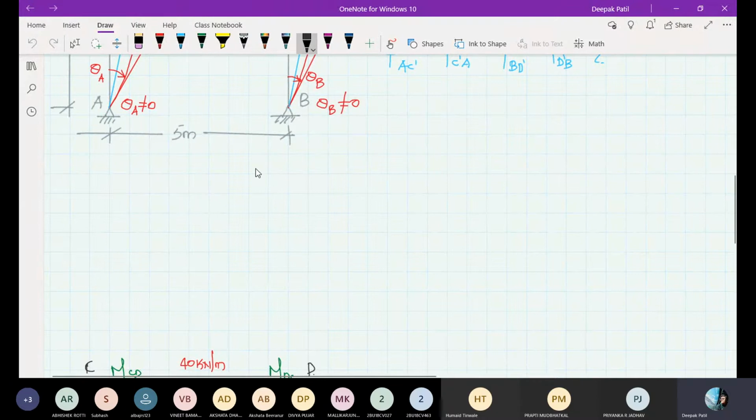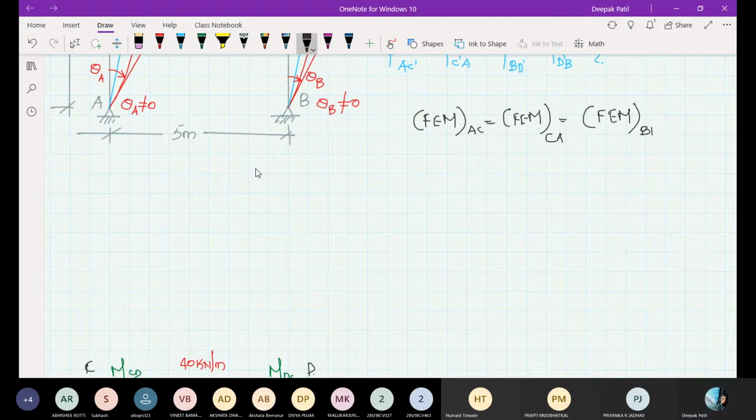Let me first write the fixed end moments which are 0. Fixed end moment AC equals fixed end moment CA equals fixed end moment BD equals fixed end moment DB.